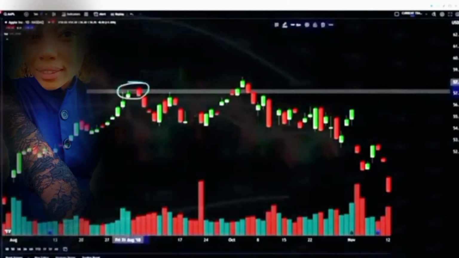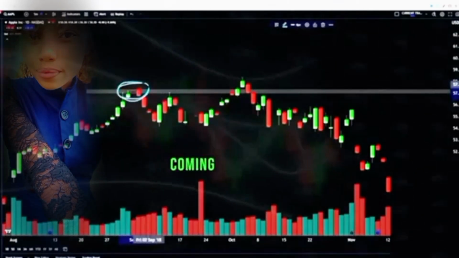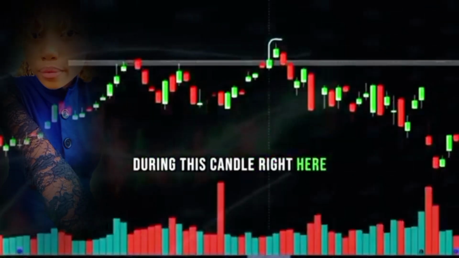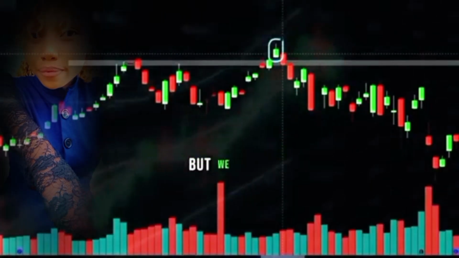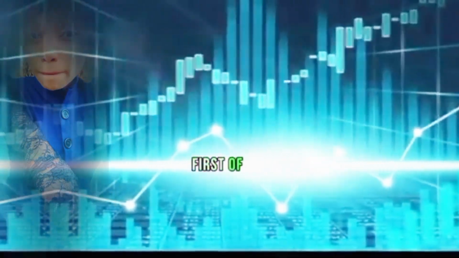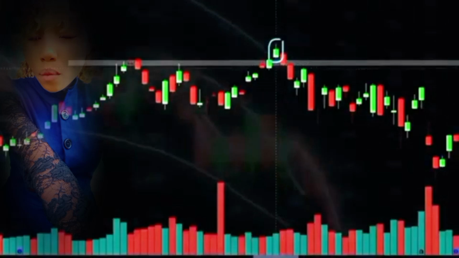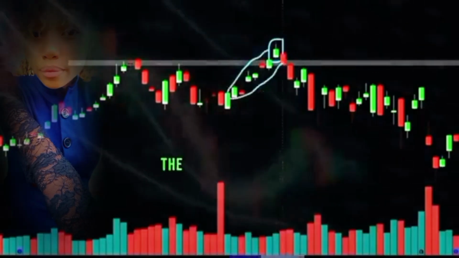If we now take a look at this example instead, we can see that once again, we had a resistance level. We saw resistance coming in one time, two times, and then during this candle right here, we had an attempted breakout, but we had a few warning signs regarding this breakout. First of all, we can see that this candle was not really a momentum candle. It was not much larger than the previous candles.